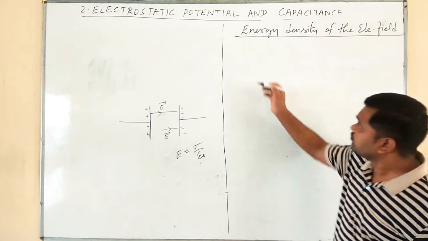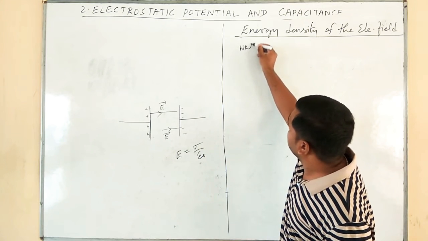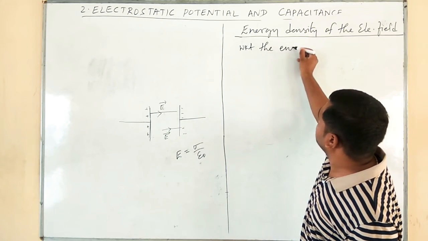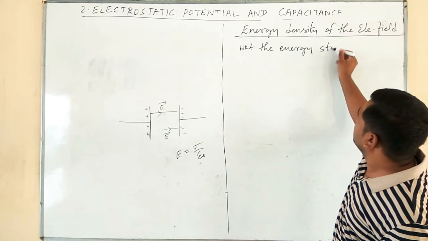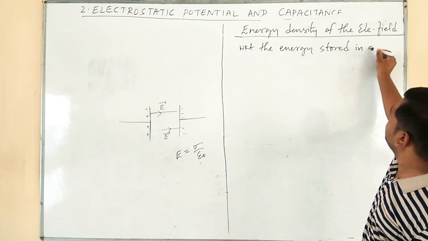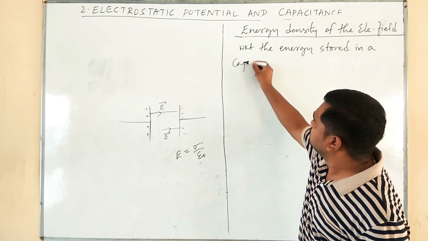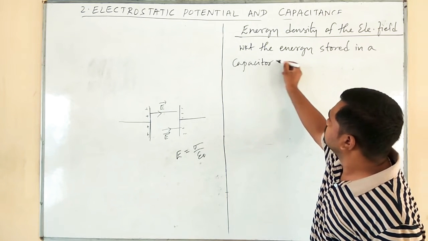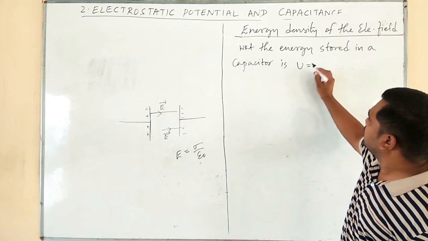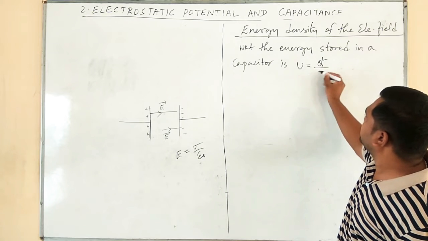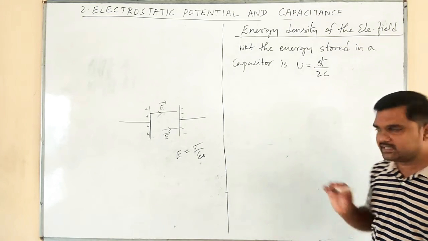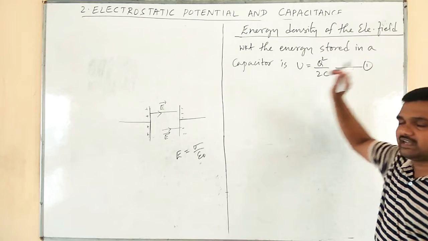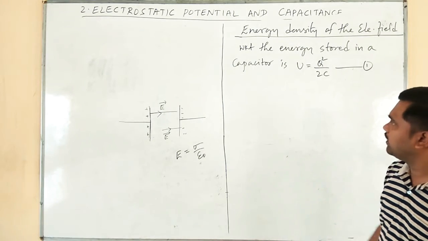Please remember, we know that the energy stored in a capacitor is U is equal to Q square divided by 2C, isn't it? Let us call it equation number 1.